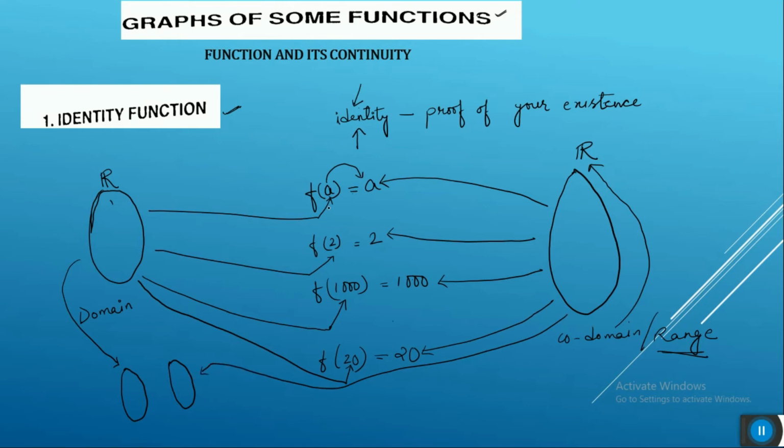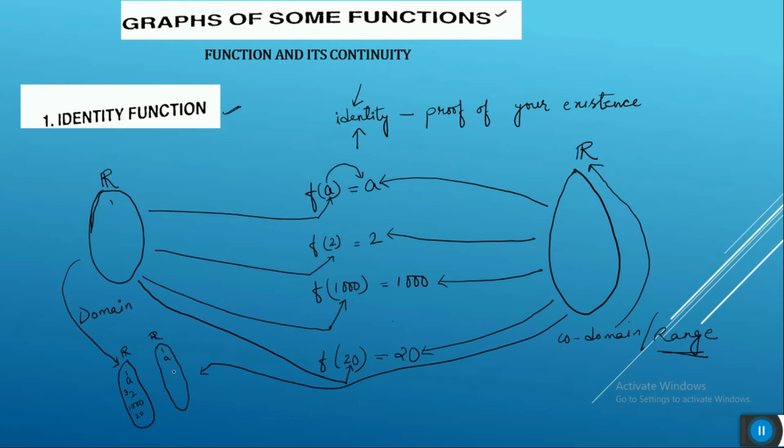The values in this set are A, 2, 20, 1000. There are more values: 1 is there, 3 is there, 4 is there, 5 is there. And suppose I say this is the codomain. What values will be there? 1, 2, 3, minus 1, minus 2, minus 3, all will be there. I'm just writing a few values. Remember these are very big sets with many elements.